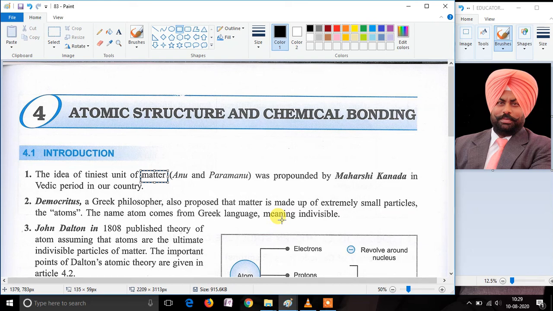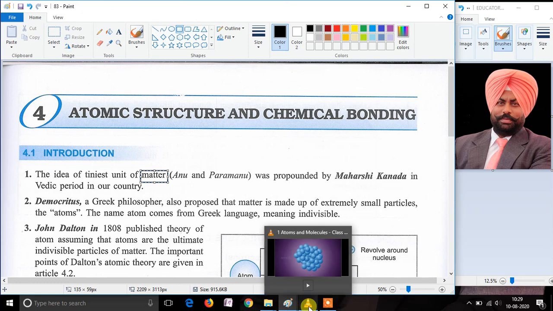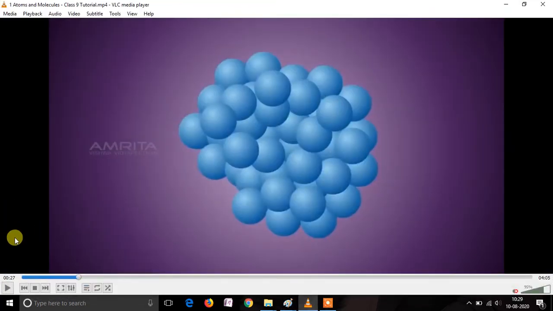Every matter in this world is made up of tiny particles which are known as atoms. Let's see with the help of a slide what an atom is. You can see here a mass of a few particles, and the full mass is known as matter.